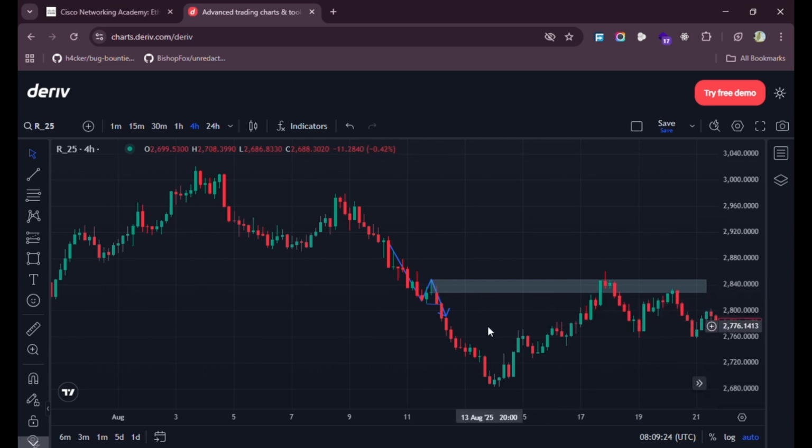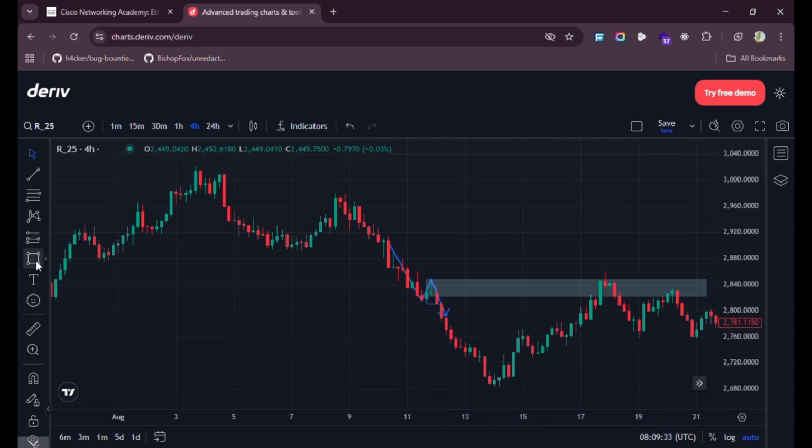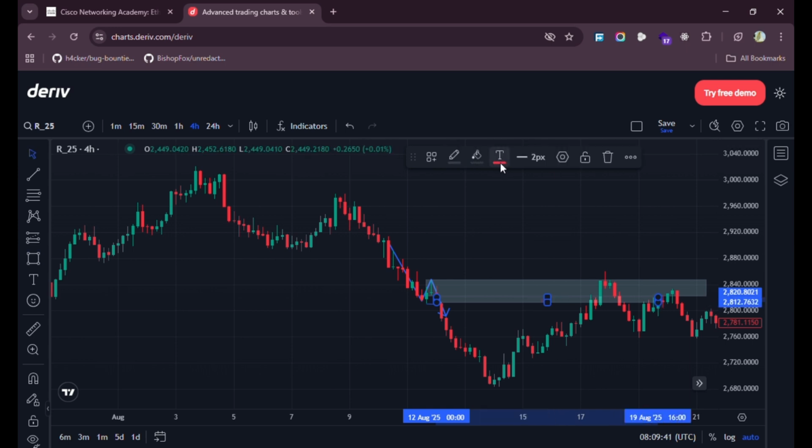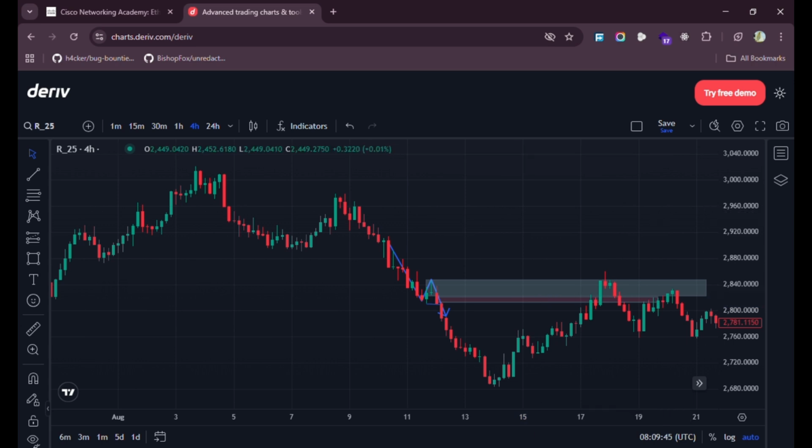And the order block is followed very closely by a fair value gap. So this is a very strong point. That's why you see the market has been respecting this order block.